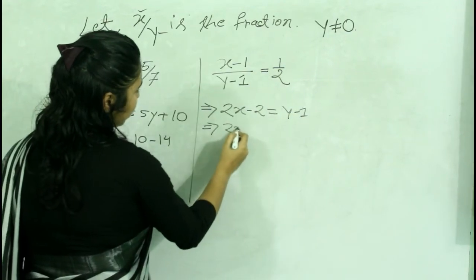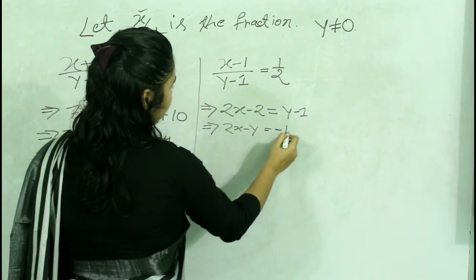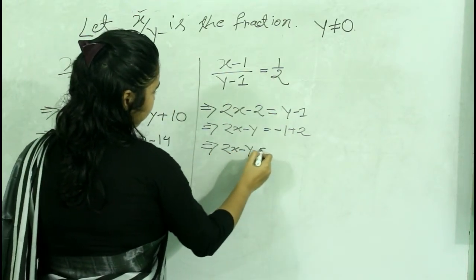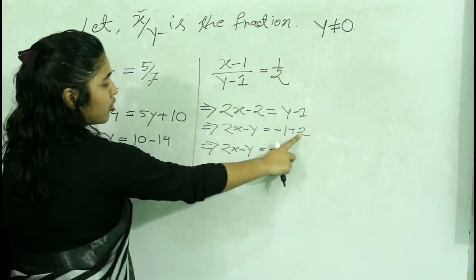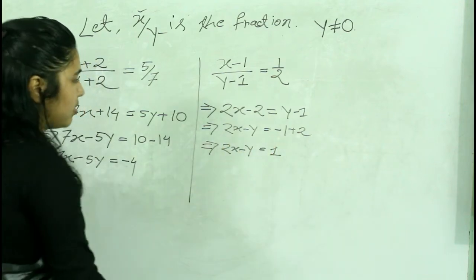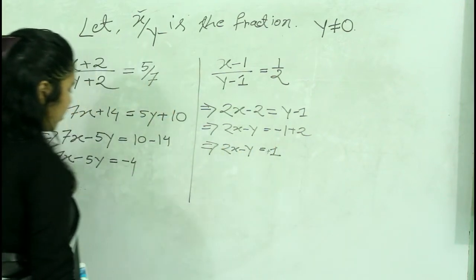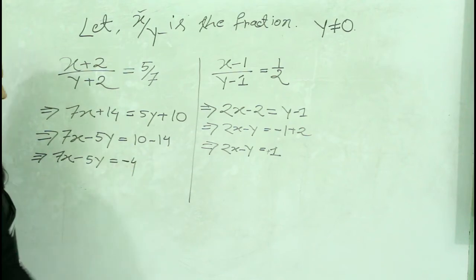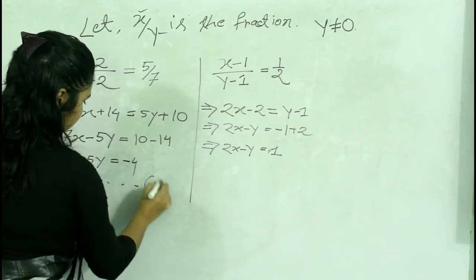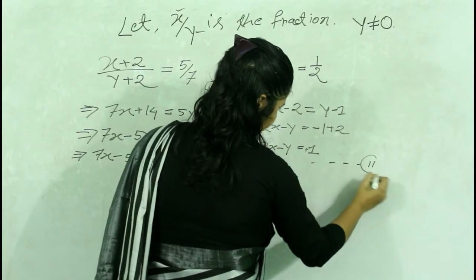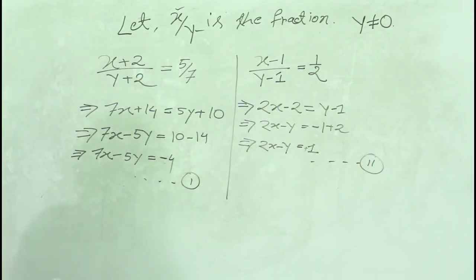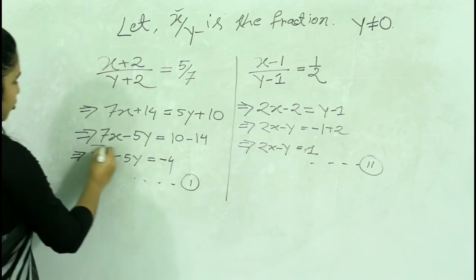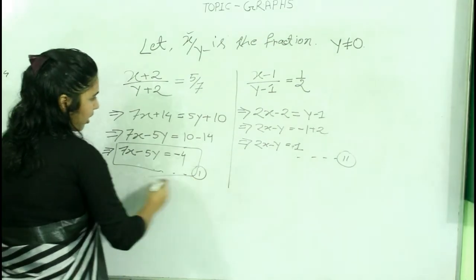This gives 2x minus y is equal to minus 1 plus 2. So, 2x minus y is equal to 1, because 2 is more than 1, that is why this sign is positive, and here 14 is more than 10, that is why the sign is negative. So, these two equations, equation 1 and equation 2, are our simultaneous equations, and these two equations are our answer.